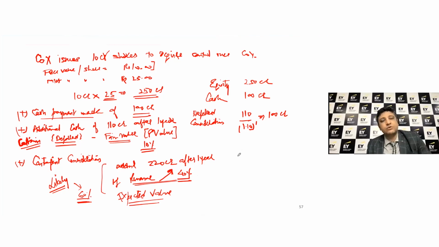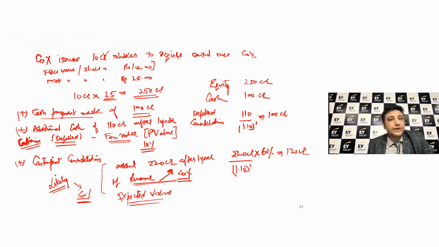It simply means that 220 crores, the expected value of that is 60%, right? But then when are you going to pay that? After 1 year, which means that I still need to discount that with that 10% discount rate that we calculated. And this amount comes to, for example, 120 crores.